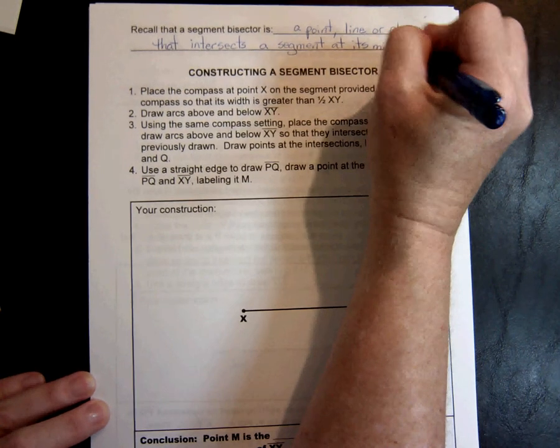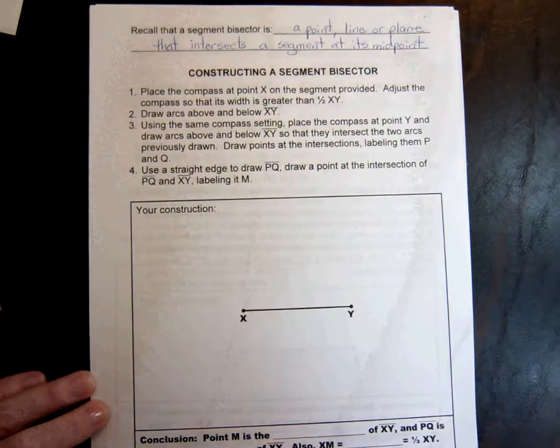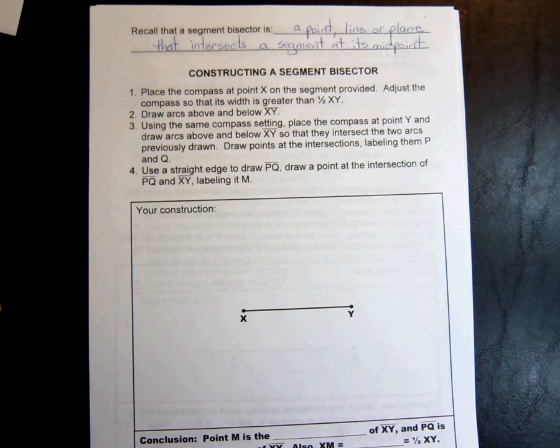Okay, again, these instructions are basic. 1 through 4. Place the compass at point X on the segment provided.